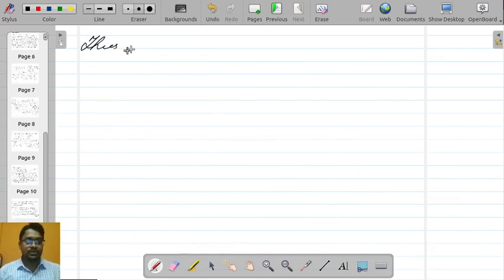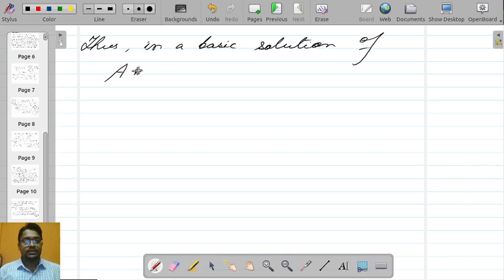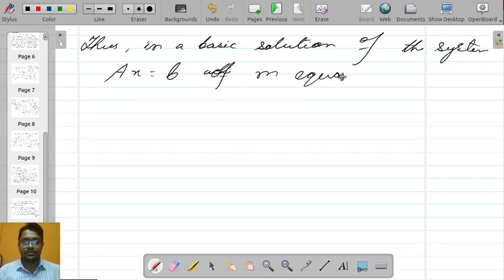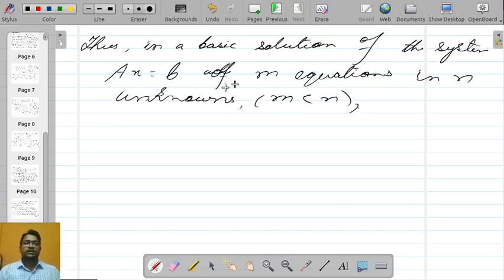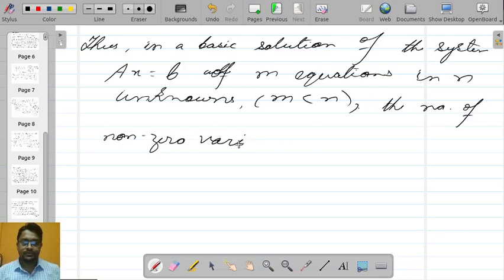Thus in a basic solution of the system Ax equal to b of m equations in n unknowns, where m is less than n, what is the number of non-zero variables?